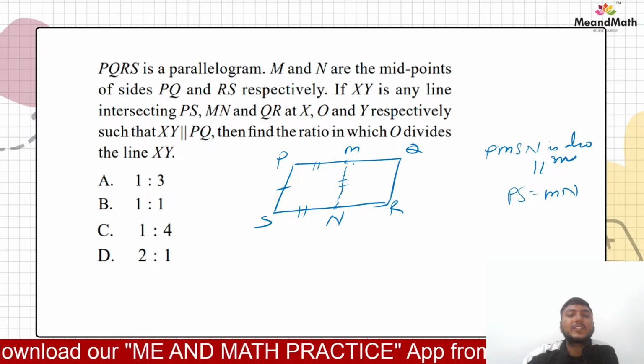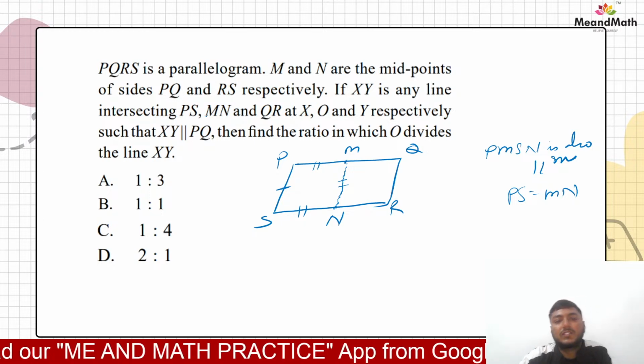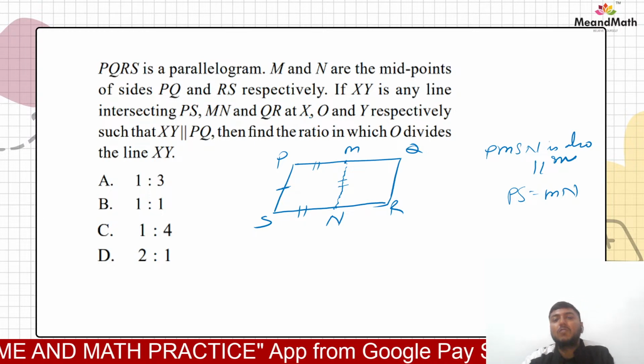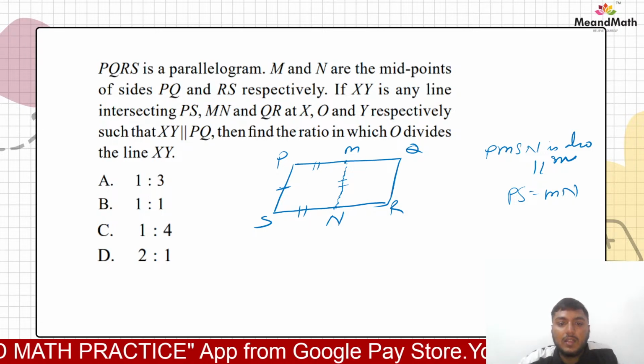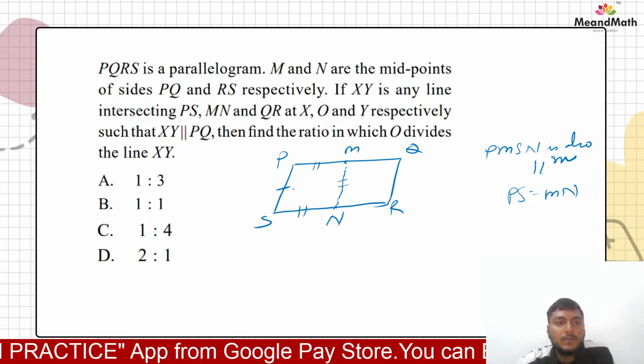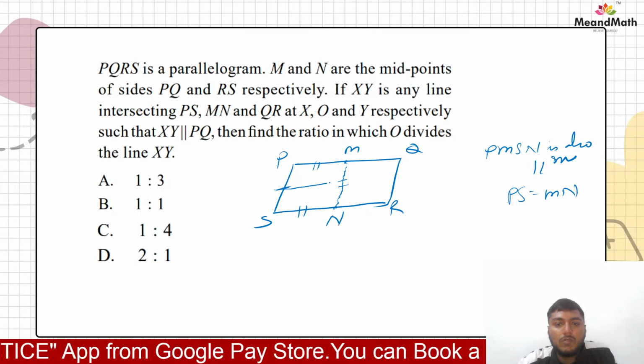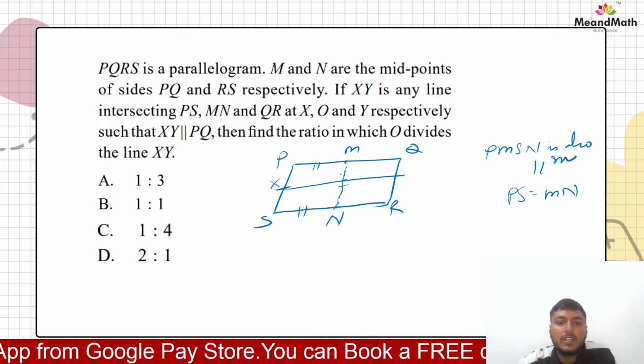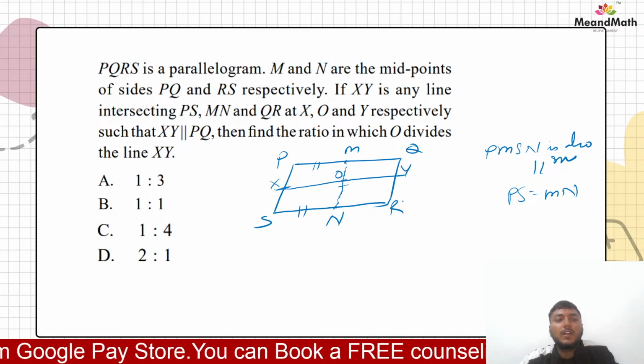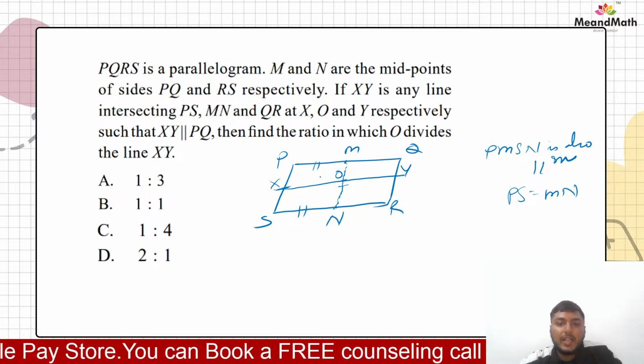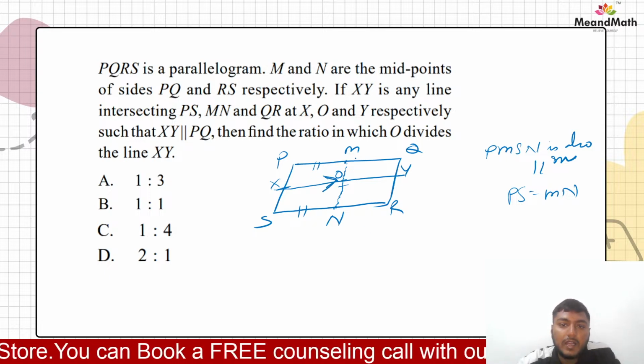Now XY is any line intersecting PS, MN, QR at X, O and Y. Let us say this is X, this is O and Y, है ना? Such that XY जो है किसके पैरेलल है? XY किसके पैरेलल है?